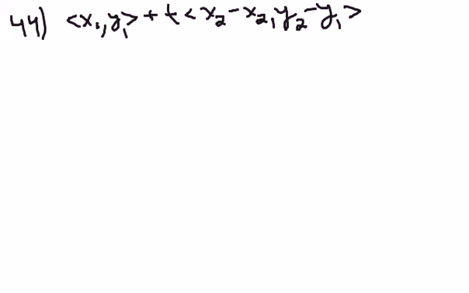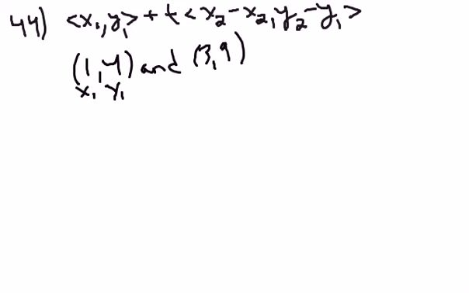You can obviously switch around, make this x2, y2, switch these around, but I'm going to say that (1, 4) is x1, y1 and (3, 9) is x2, y2.